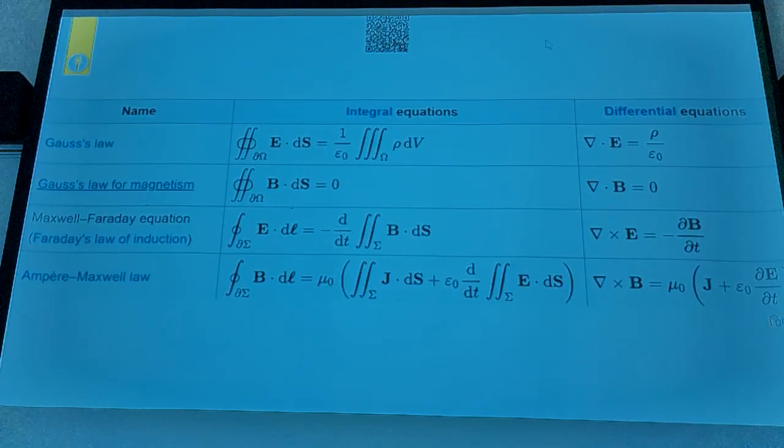I introduced the differential forms of Maxwell's equations last time. This puts them with their integral forms. To actually fully appreciate these, though, I am going to need to go through Green's theorem, Stokes' theorem, and divergence theorem.